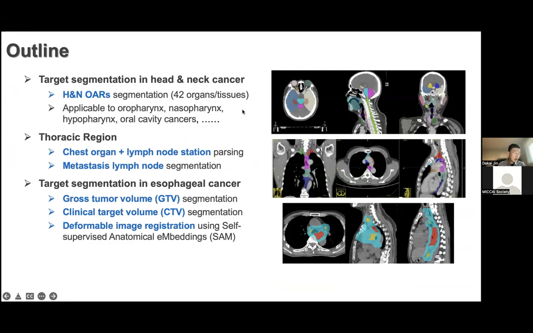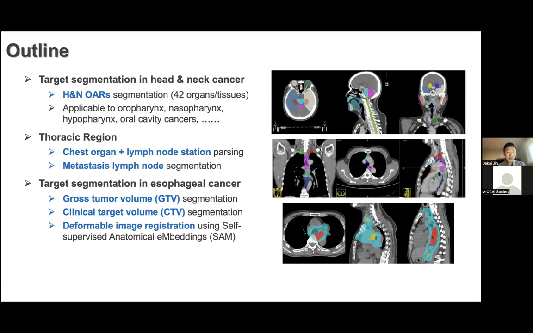Okay, so in this talk, I will talk about mainly three sections. The first is the head and neck organ risk segmentation. The second section is focused on the chest part. We'll talk about the chest organ and chest lymph node station segmentation parsing, and the metastasis lymph node segmentation and detection.